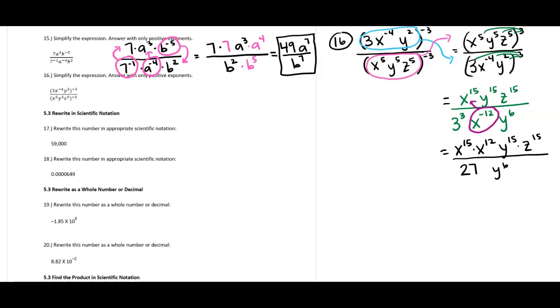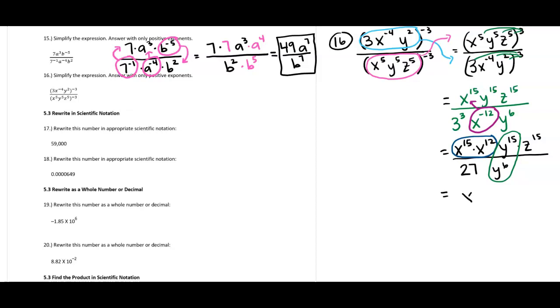Now we just need to get together the things that go together. I've got x's, and I'm going to add those together. I've got some y's that I need to put together, so I'll subtract those. The 27 doesn't have anybody to reduce with, and there are no other z's.